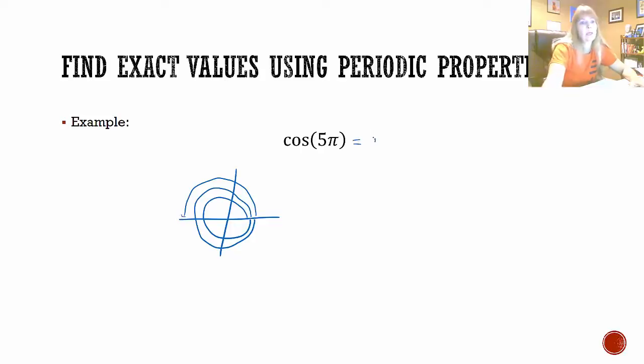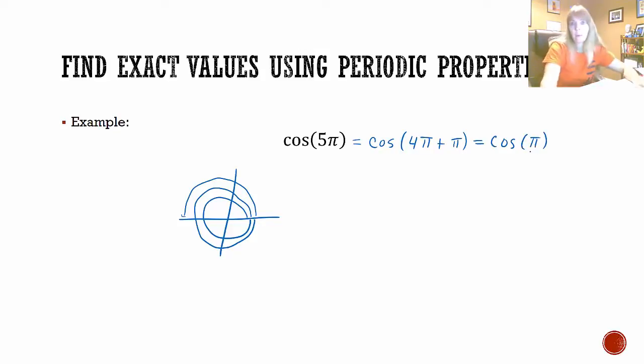So that's what I've done, is I've broken this down into 4 pi plus pi, and by periodic properties, that's just simply pi. And do you remember that value? So if I'm here at this point, I want to know the x value. So that's negative 1, and thus that would be negative 1.